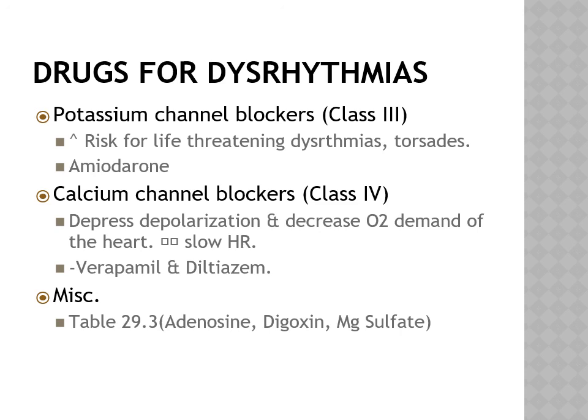Then class 4 would be calcium channel blockers, and these decrease depolarization and the O2 demands of the heart, such as verapamil or diltiazem. Diltiazem is probably the most common in this classification. And then there is a miscellaneous group: adenosine, digoxin, or mag sulfate.